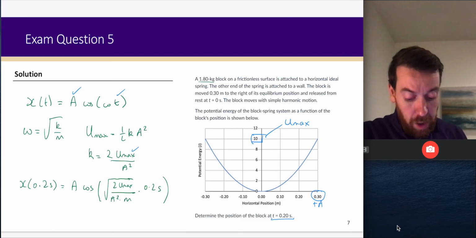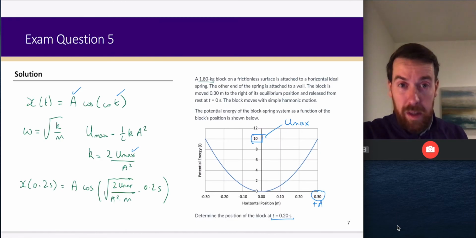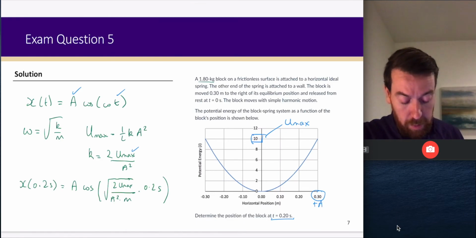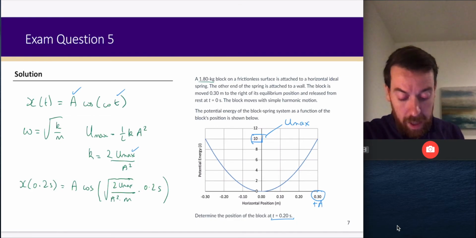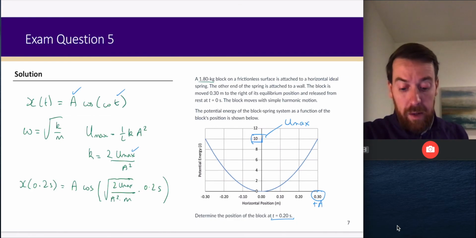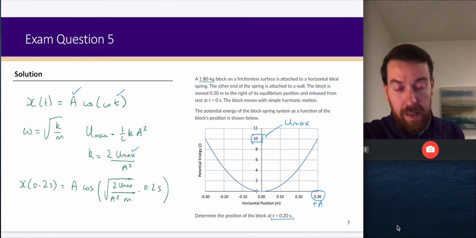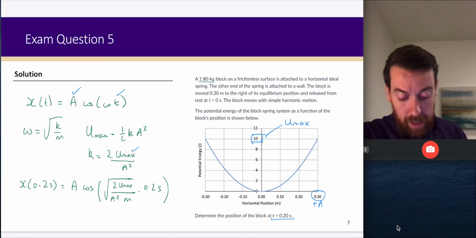You can also solve this in stepwise form, of course. You could first solve for the spring constant, then solve for omega, then multiply omega times t, find the cosine of that product, and then multiply by A. Those would be the individual steps that you might make. And that's what I want to do algebraically here.